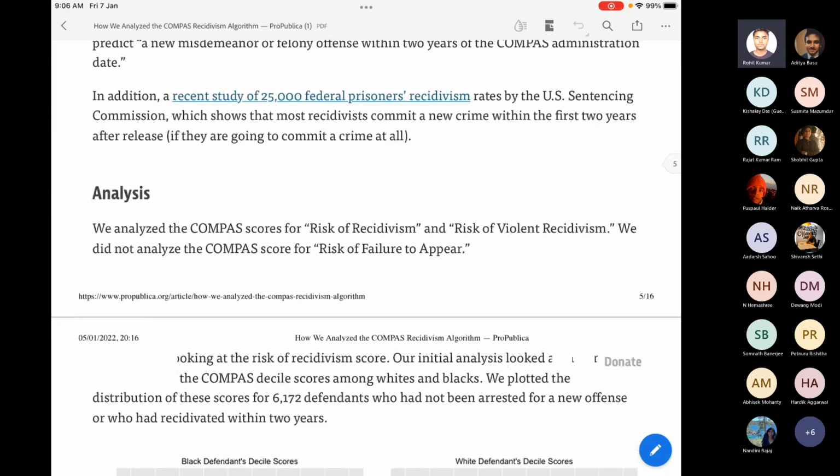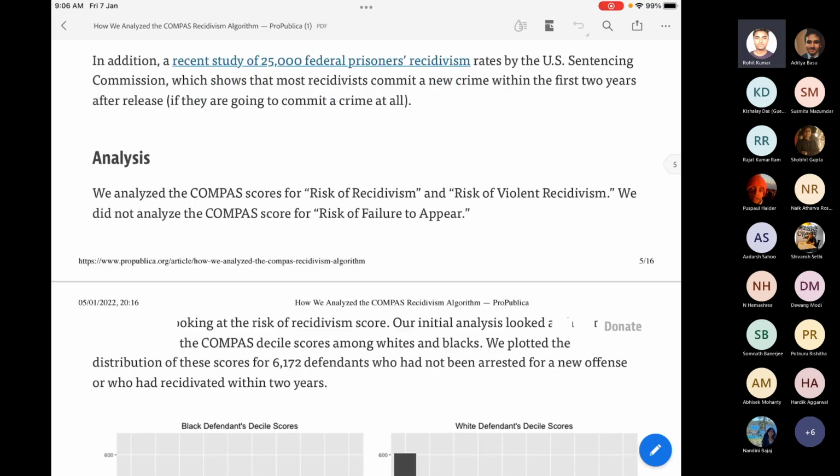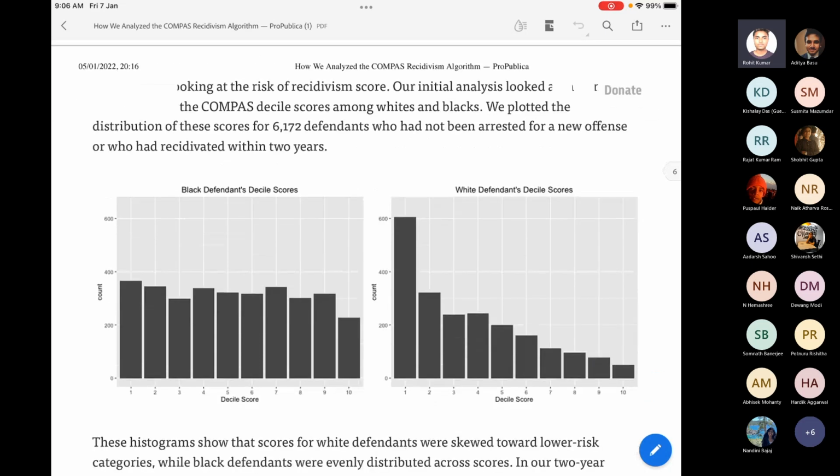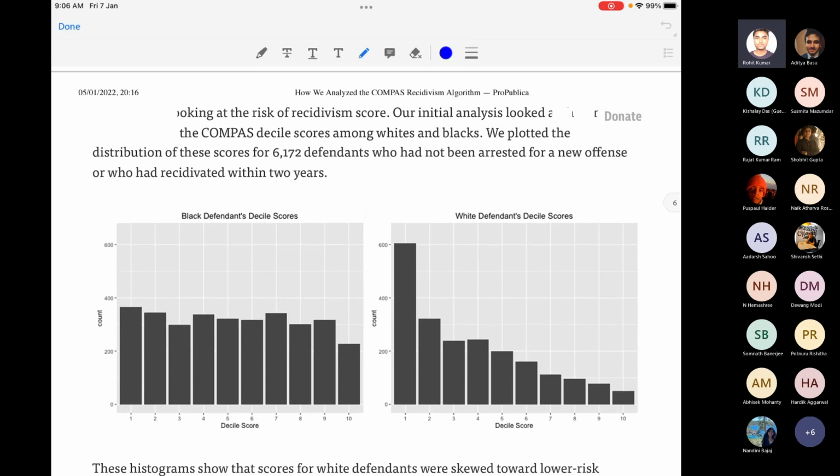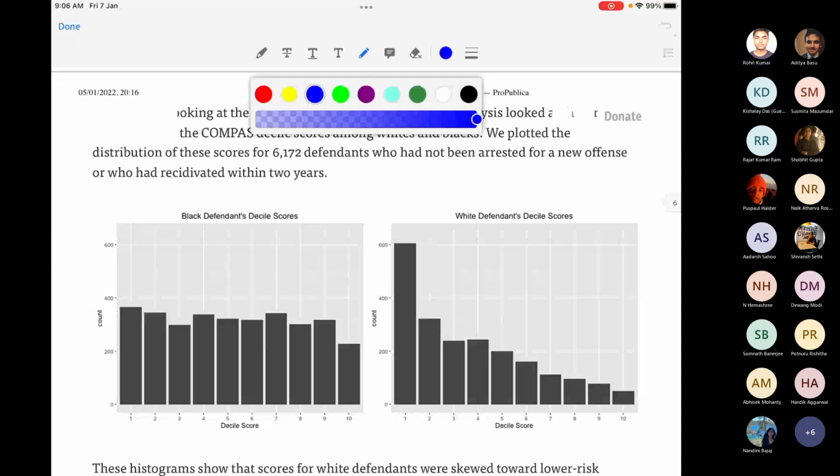So the first thing was a very simple thing. They did a very simple distribution study. So if you are able to see the pictures, right? Yes, sir. Okay, fine.